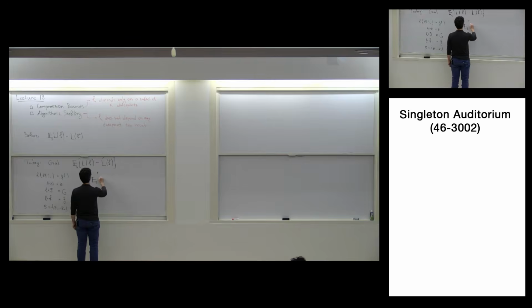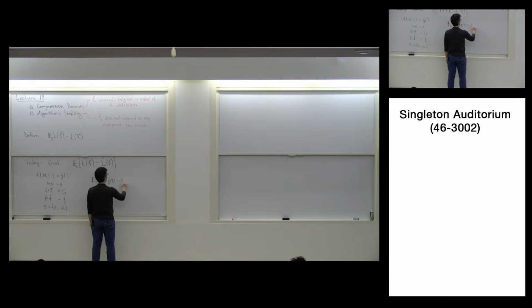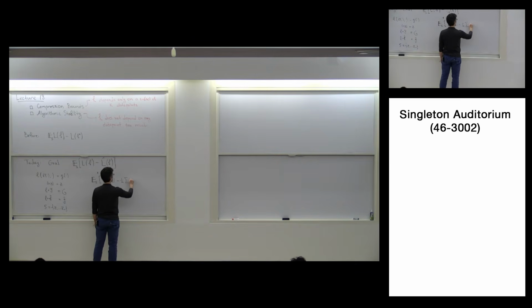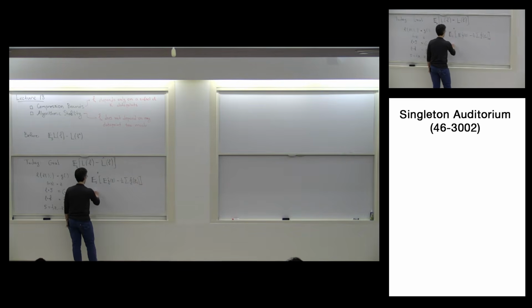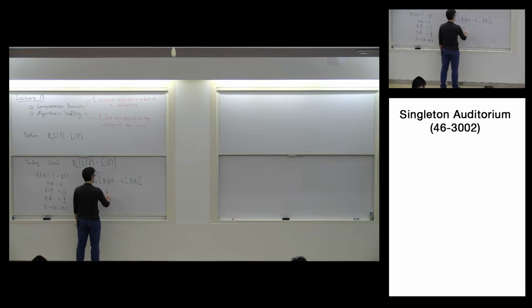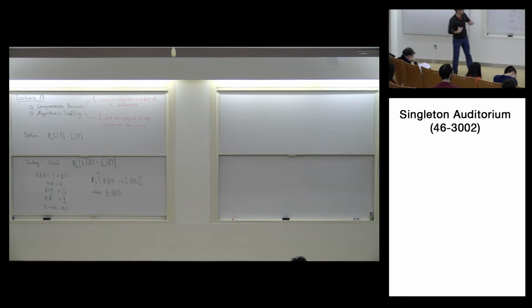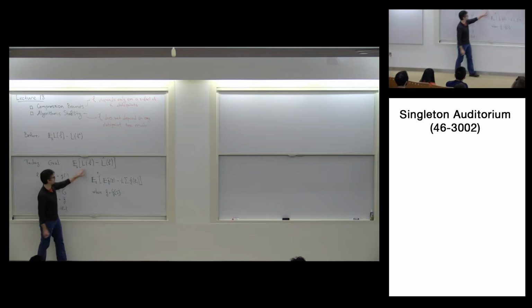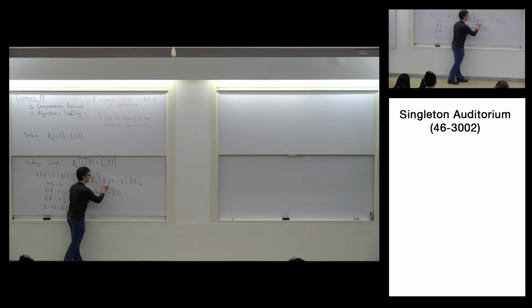Expected over S of expected G hat of Z, minus 1 over n sum of G hat of Z_i, where G hat is a function of the data set. So let me again unpack this notation. All I did is replace these definitions as a shorthand. That's just expectation over Z.